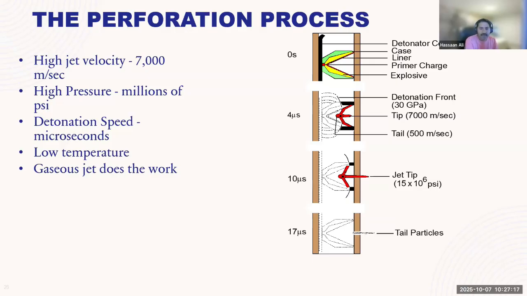That charge and the high pressure, high temperature gases will create that small channel. And at 17 microseconds, your channel is created, right? It may seem a little bit complicated, but industry has been doing it for quite some time. It's a very controlled process in which we use explosive to create these channels.